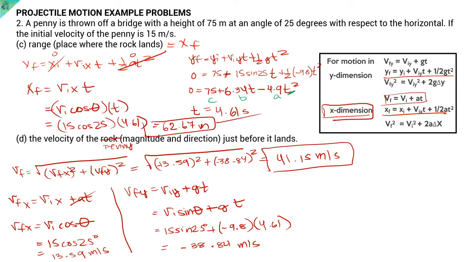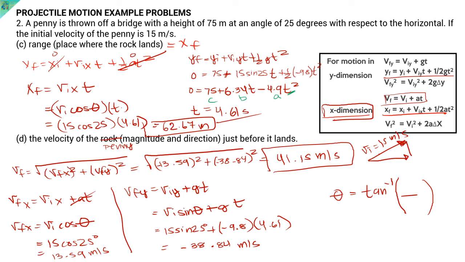Now the direction is actually the TOA in SOHCAHTOA. Okay? And that would be the angle is equal to arctan of our opposite and adjacent. So let's write here. Let's draw again our Vf. Our Vf is 41.15 meters per second.